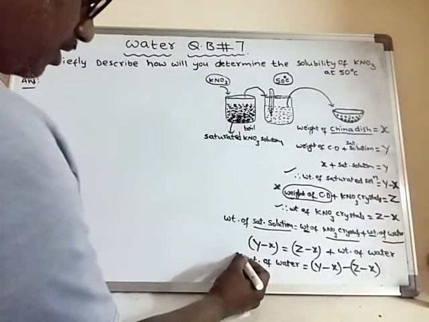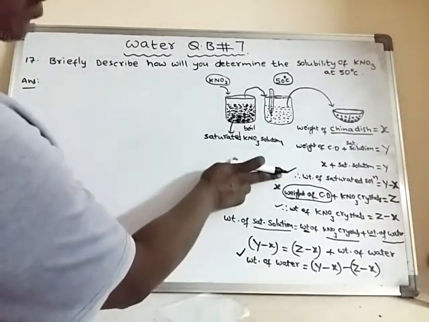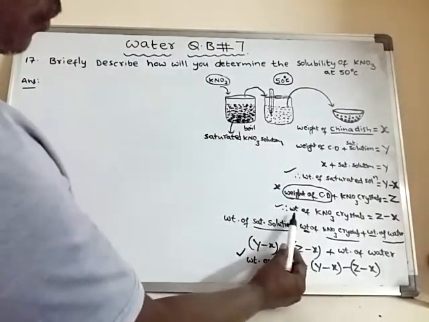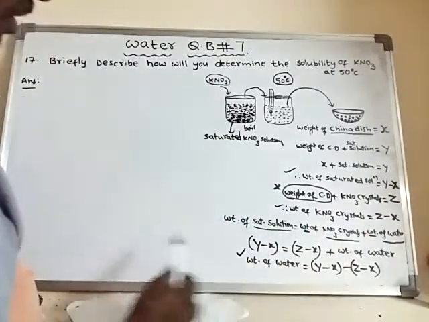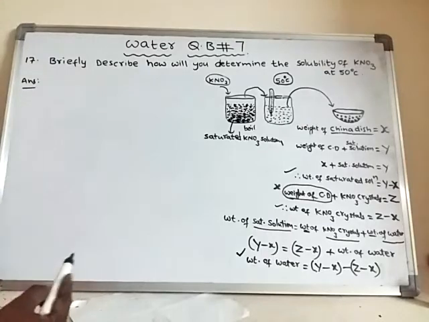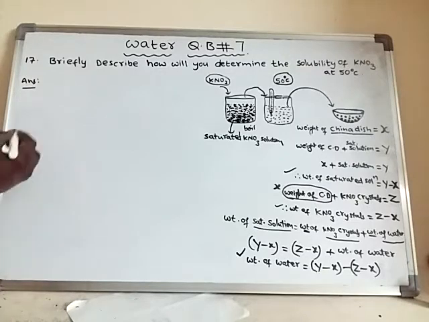So now we got the three things: the weight of saturated solution, the weight of potassium nitrate crystals, and the weight of water. So we have a formula. What is the formula?